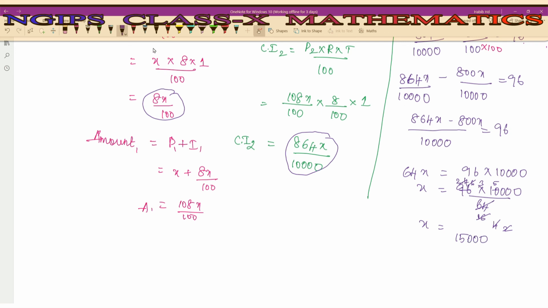So this is the answer. Therefore the principal is equal to the sum of money. The sum of money is rupees 15,000.